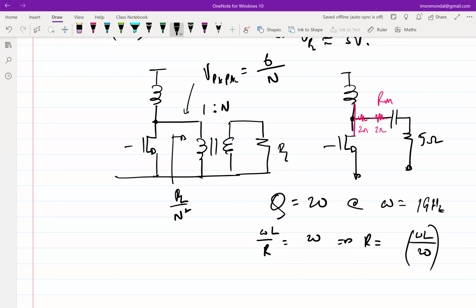If you have very large Q, you have large swing across the passives in the matching network. So if you have loss in the passives, the loss associated with the large swing will also be higher. The way to reduce it is to have two matching networks. The product of Q1 and Q2 should be equal to whatever N you wanted. But right now, since these Q1 and Q2 are smaller, you should be able to get a better matching network with low loss, right?